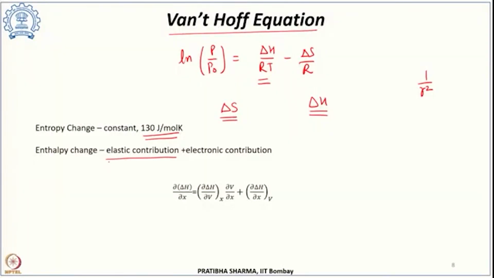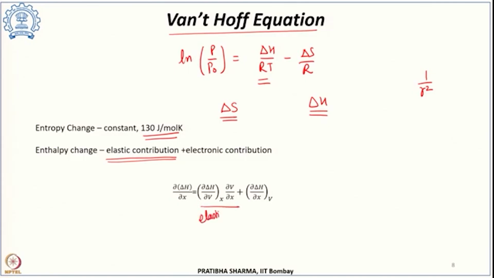As such, the crystal energy decreases. This decrease in the crystal energy occurs as two hydrogen atoms come closer, and it is limited by the repulsive interaction between the hydrogen atoms. Because of that, the heat of solution will decrease in proportion to the hydrogen concentration. So, that is the elastic contribution that arises in the enthalpy change.